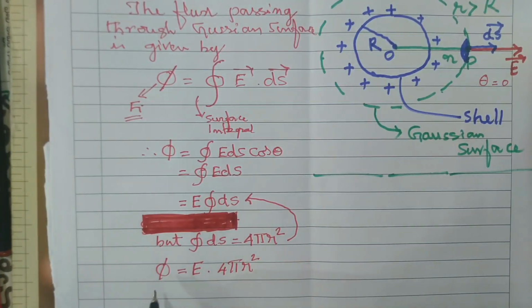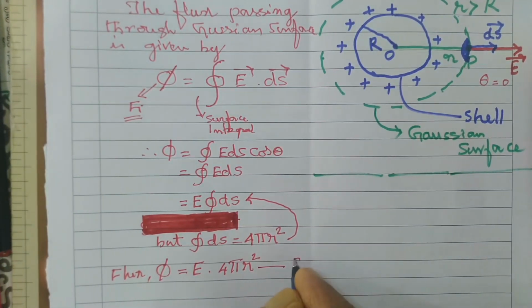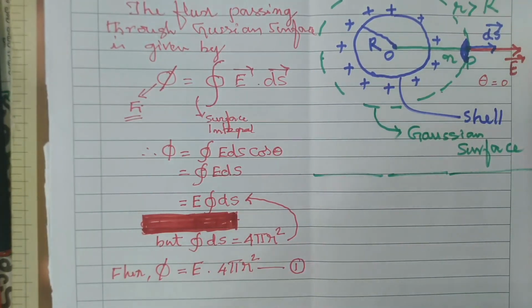If you observe carefully, we have got the electric flux. This electric flux equation, phi is equal to electric field multiplied by 4 pi r square, let us consider as equation number 1. Are you able to understand? This is the first part of the derivation.